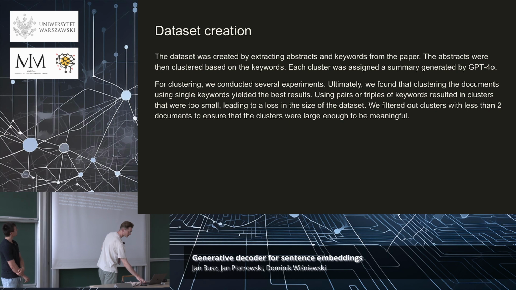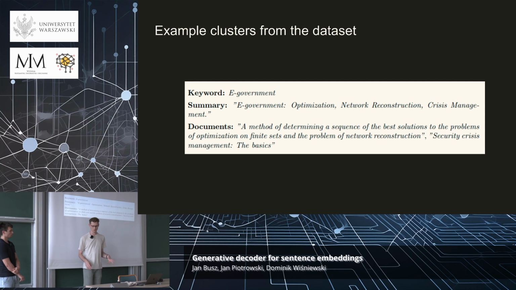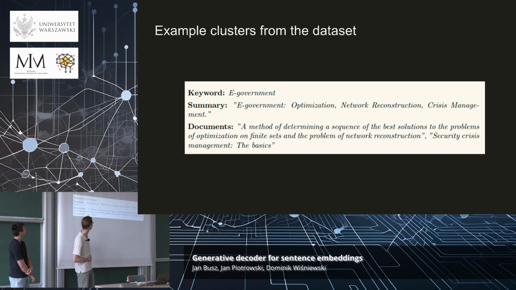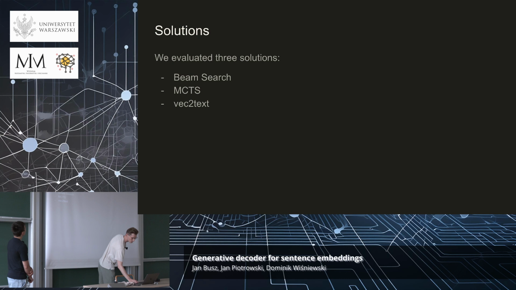This is more detailed, but I will skip it because we have a problem with time. An example cluster is shown here. The keyword was something like egg ornament. These are the beginnings of the original documents, and this is the summary generated by GPT-4 for these documents.